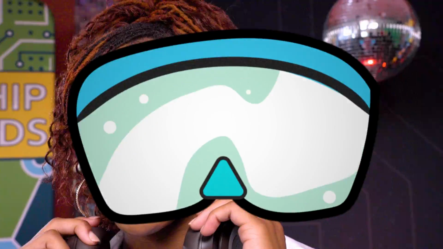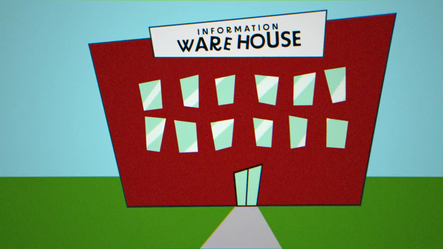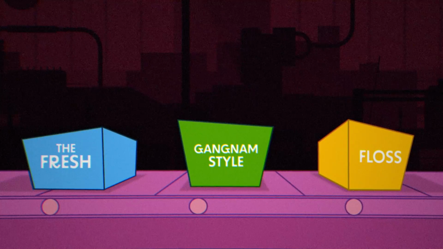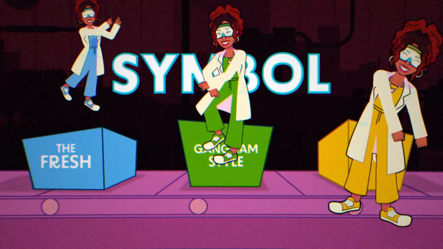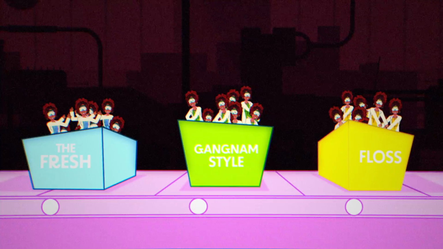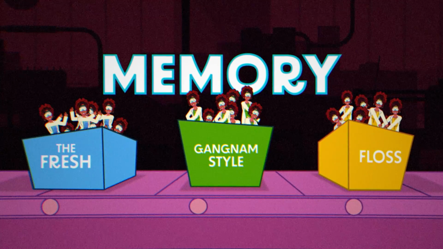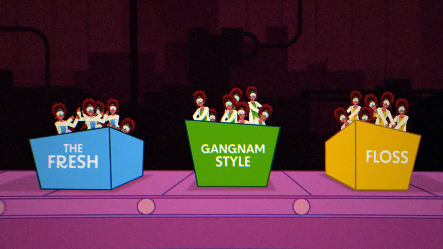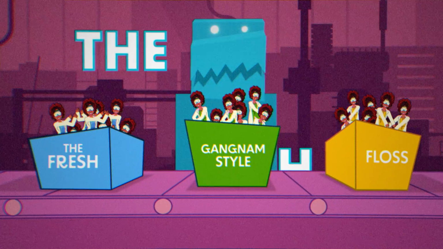So, let's imagine an information warehouse. Inside, there's a conveyor belt lined with bins. Each bin holds one piece of information. Let's call that a symbol. The conveyor belt and bins together, that's our memory. And yep, the memory even handles the movement. Now, we need something that can read what's inside each bin and interact with it. That's where the head comes in.